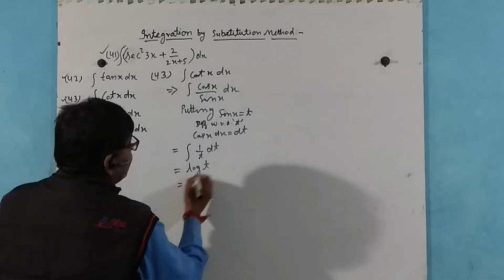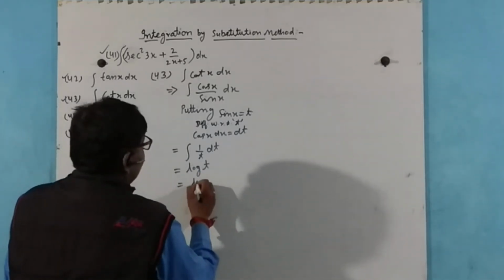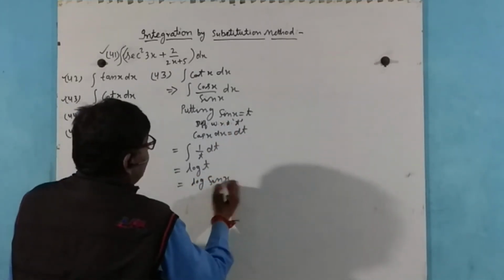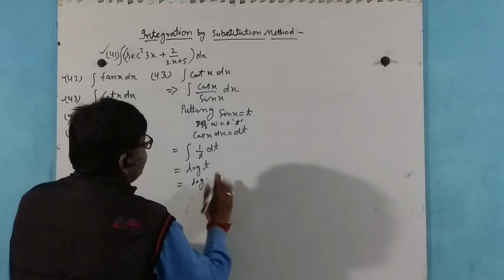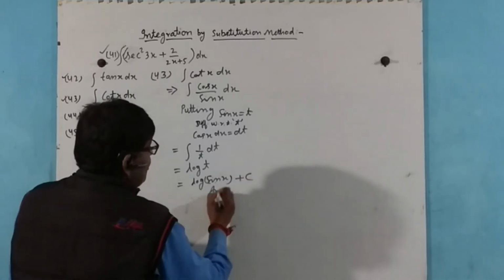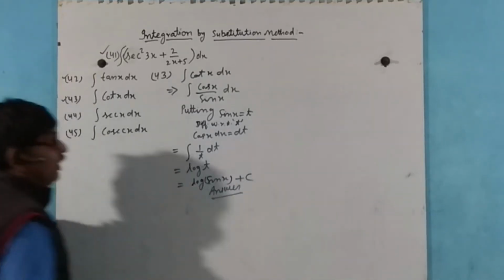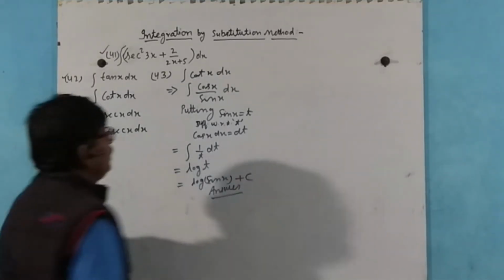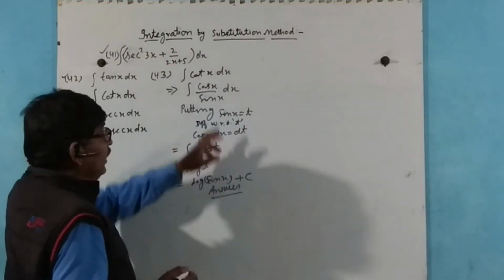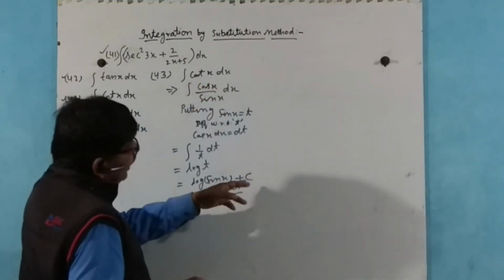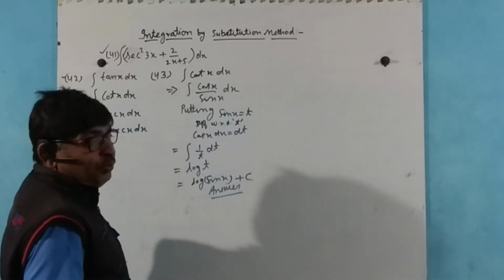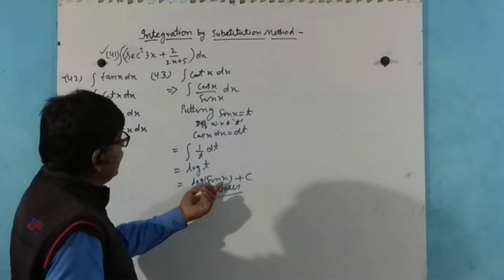Putting the value of t here, log sin x plus integrating constant c. This is our answer, log sin x plus c. Now this is used in the formula, but here in this case we also write the integrating constant. If we use this like a program, but in the formula we use this.